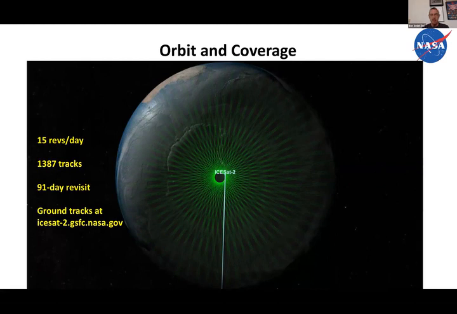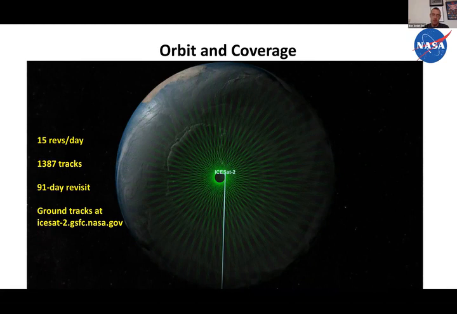So every time ICESat-2 revisits all of these ground tracks, that constitutes one cycle of data. So every 91 days, we see a new cycle of ICESat-2 data. And the reason for having these 1,387 reference ground tracks is so that we can be sure that ICESat-2 repeats the same measurements every 91 days.